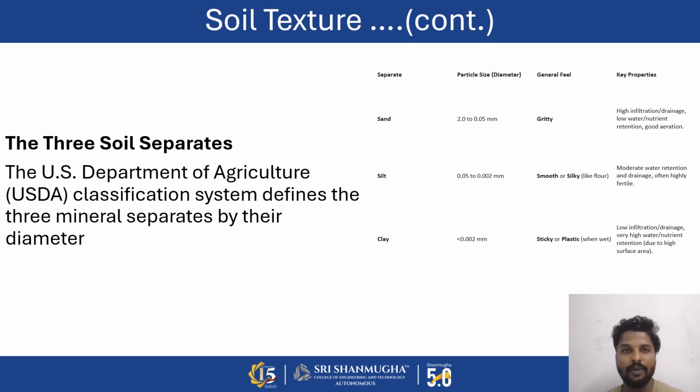So these three separates are part of the soil, and we have to know them. Based on the proportion of these separates present in a particular soil, it uses them to classify that particular soil type.